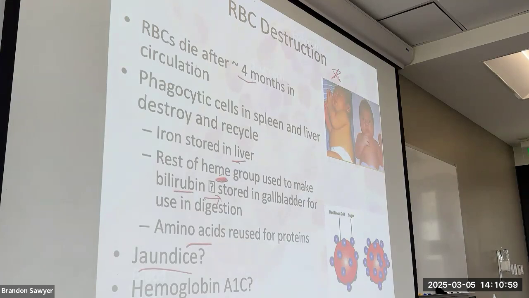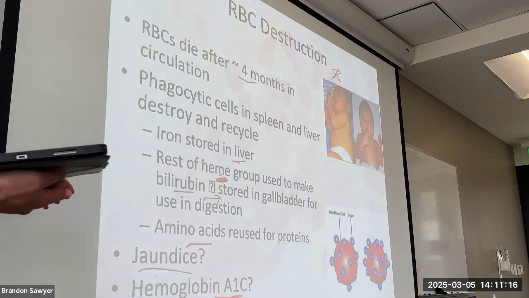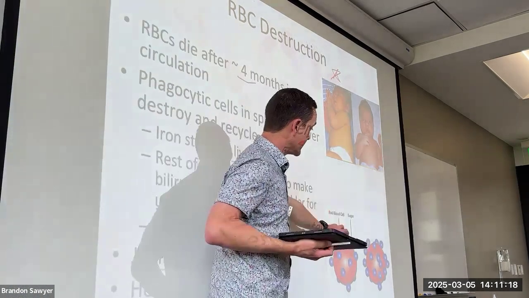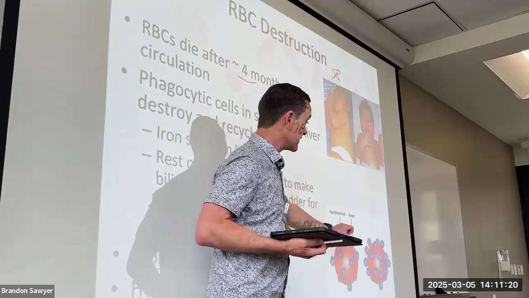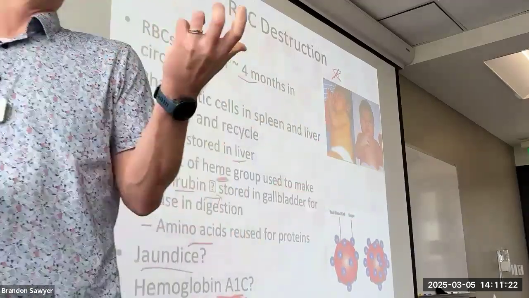Another thing related here is called hemoglobin A1C. There are two ways to diagnose type 2 diabetes. One is your fasting blood glucose level. The other is your hemoglobin A1C level. Hemoglobin A1C is a test that looks at what percentage of your hemoglobin is covered with sugar, with glucose.